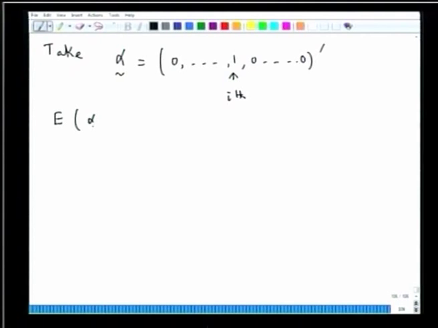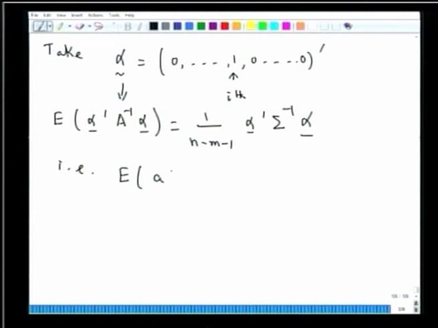then what is this expectation of alpha prime A inverse alpha? This we know is equal to 1 upon n minus m minus 1 into alpha prime sigma inverse alpha, which we have already computed. So with this alpha in this result, we will have here expectation of A upper ii, where A upper ii is the ith element of this A inverse matrix.